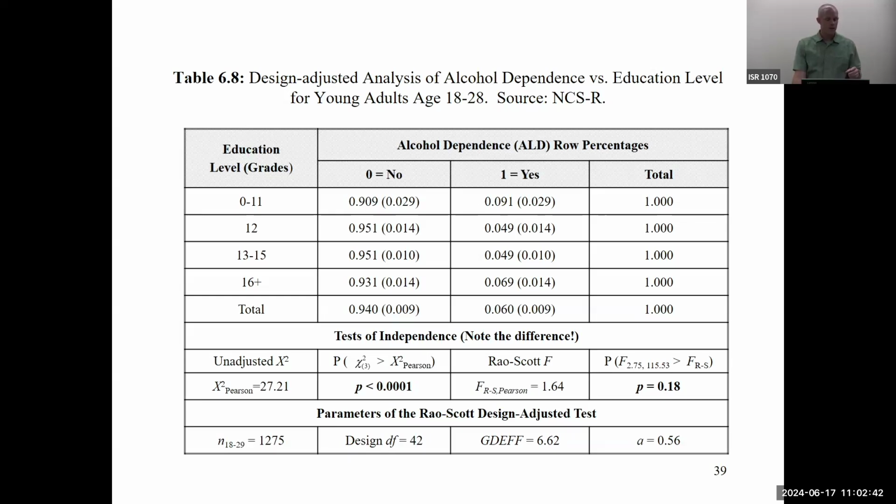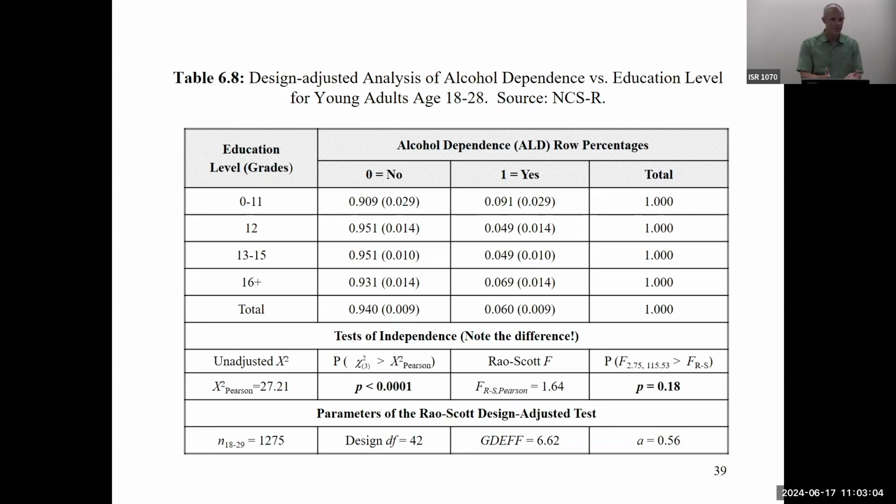But the weights, and again, I just can't emphasize this enough, this is why this class is so important. And I wish we could offer it to more people. The vast majority of people working with these data sets just plug in the weights and say, I'm good. Just by plugging in the weights, I've accounted for all the design features.